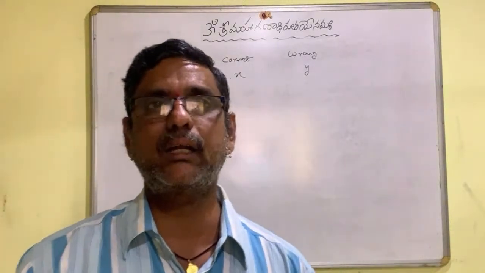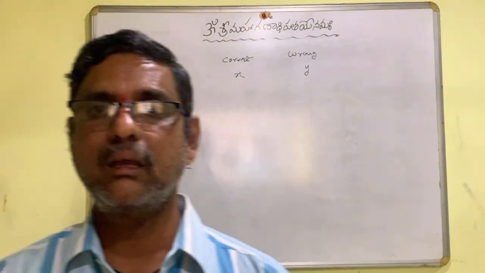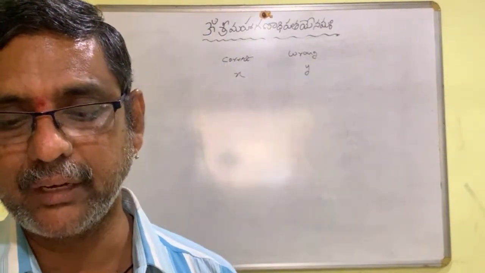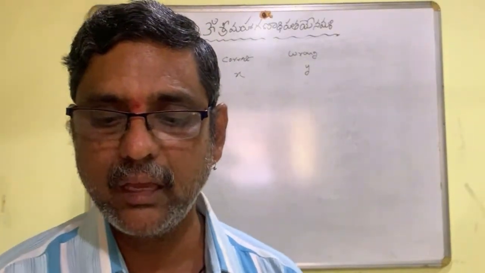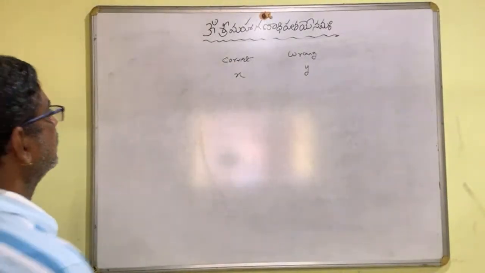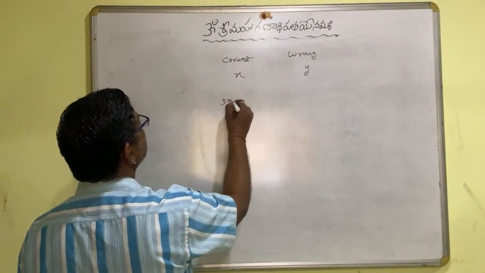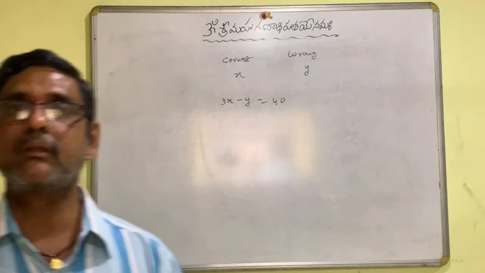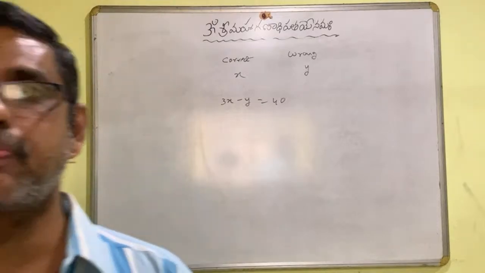Let the number of correctly answered questions be x and wrong answers be y. In the first situation, 3 for correct and 1 deduction for wrong, that means 3x minus y is equal to 40. Is that right?